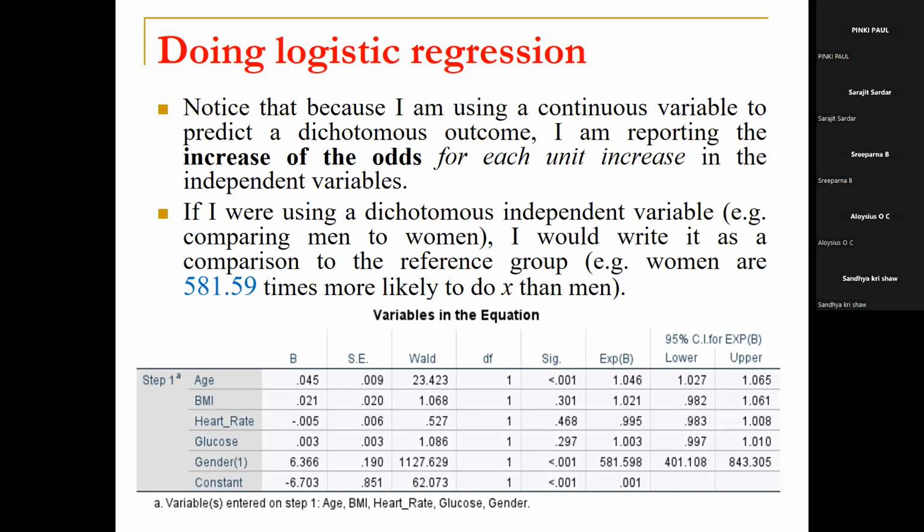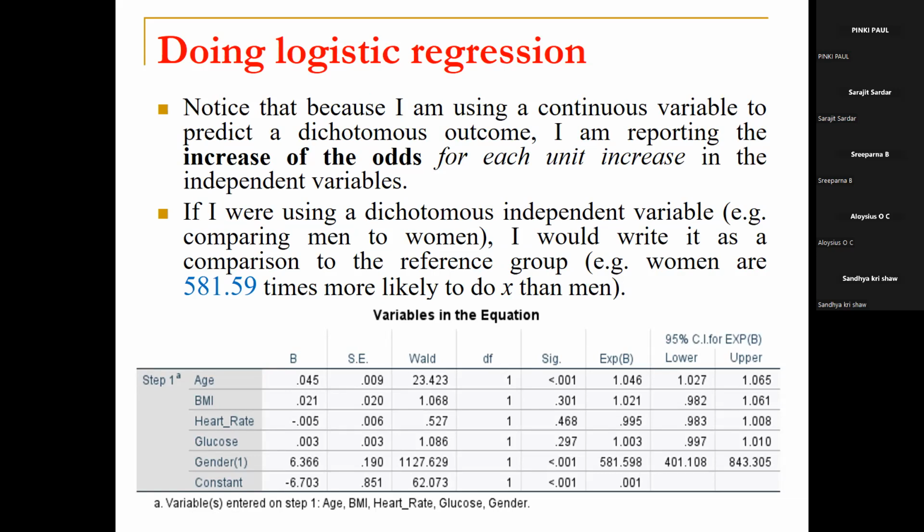You have noticed that because I'm using a continuous variable to predict the dichotomous outcome, I am reporting the increase in odds for each unit increase in the independent variable, as I told you. If I am using a dichotomous independent variable, that is a comparison of male to female or men to women, I would write it as a comparison to the reference group.